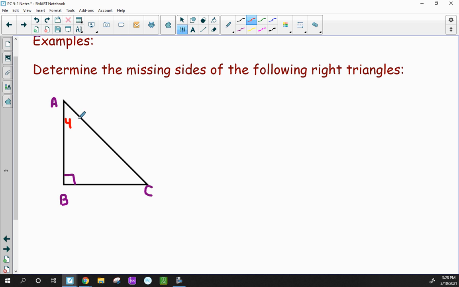So let's say we had a 45, 45, 90 degree triangle, and it's definitely a special one. And let's say that we're given that this side is 30 inches. Because it's a special right triangle, all these sides fit a pattern.